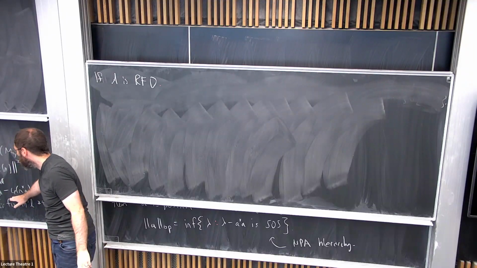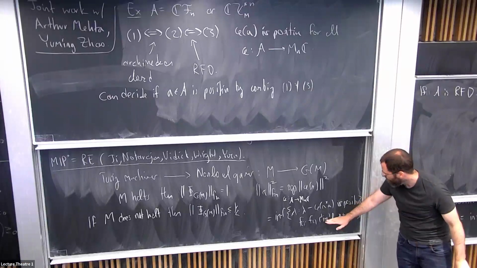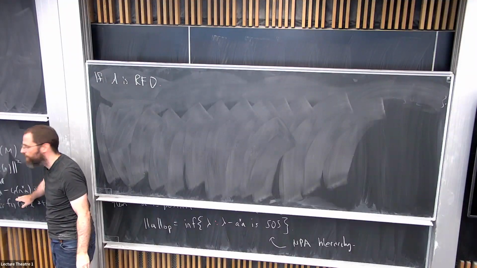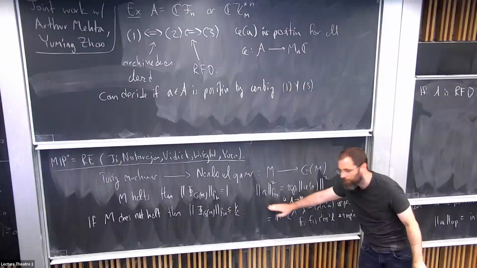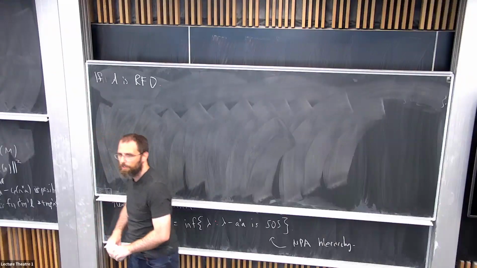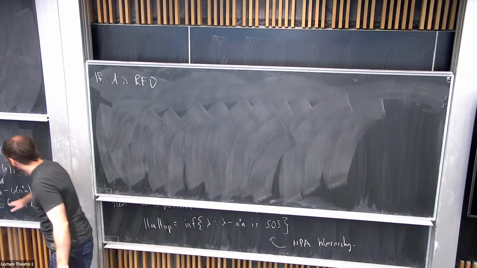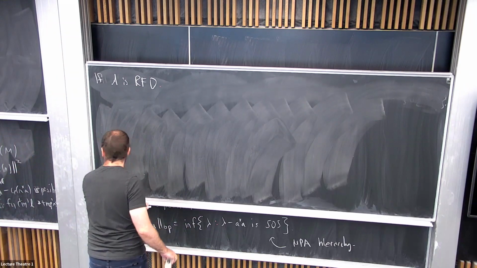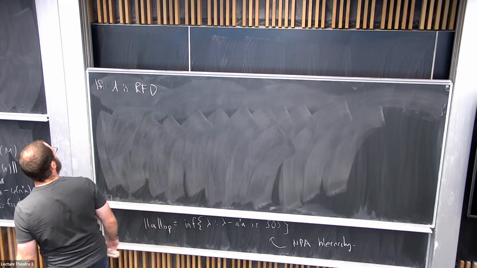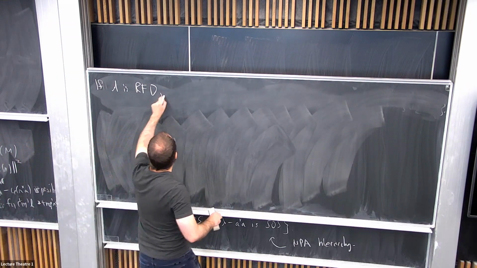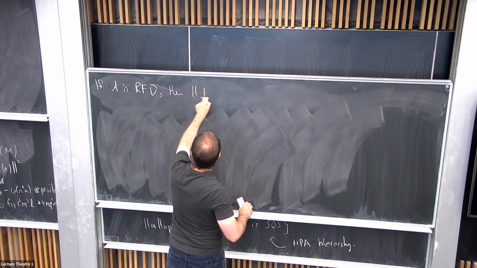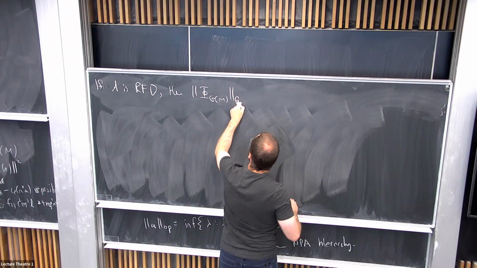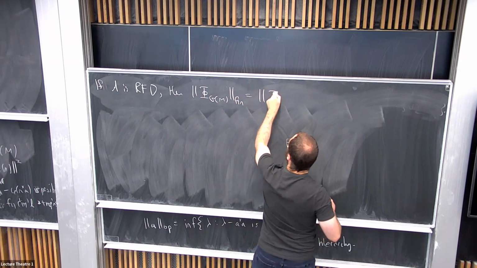So if A is RFD, that means that this condition is equivalent to just lambda minus a star a being positive, which would mean that this finite norm was the same as the norm we wrote down before, since we had the infimum in here. So that would tell us that our finite norm of G of M is equal to our operator norm.